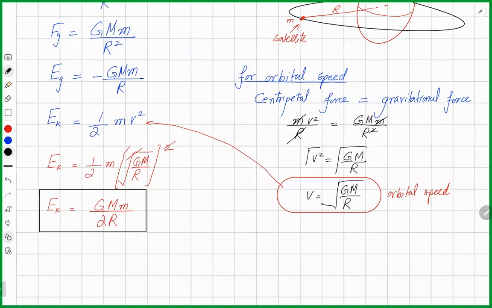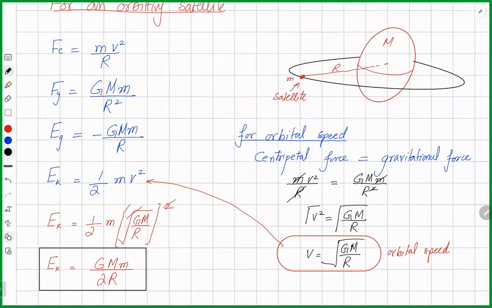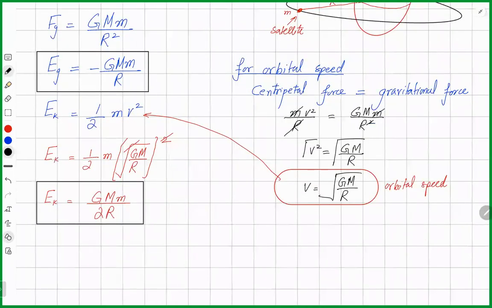Pay attention, things will escalate from here. So what is the formula for gravitational potential energy? Minus G M m over r. What is the formula for kinetic energy? G M m over 2r. What is the formula for total energy? Total mechanical energy of the satellite.